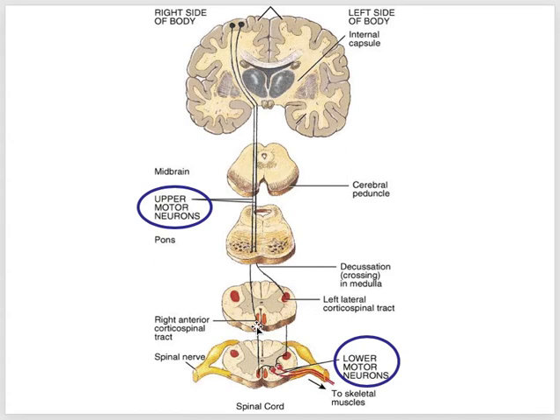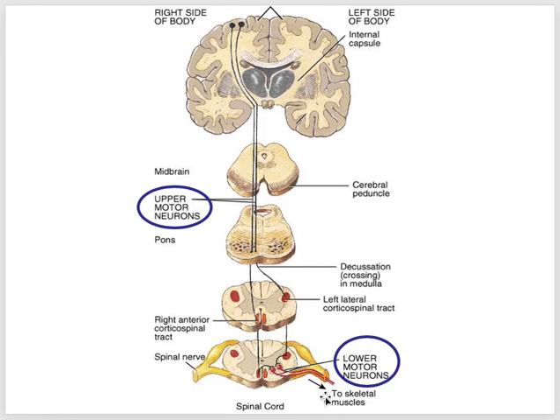All the rest of the tracts are called the extrapyramidal system. Whatever I named at the start, like rubrospinal, reticulospinal, vestibulospinal, or tectospinal, all of them are part of the extrapyramidal system. I hope you understand this.